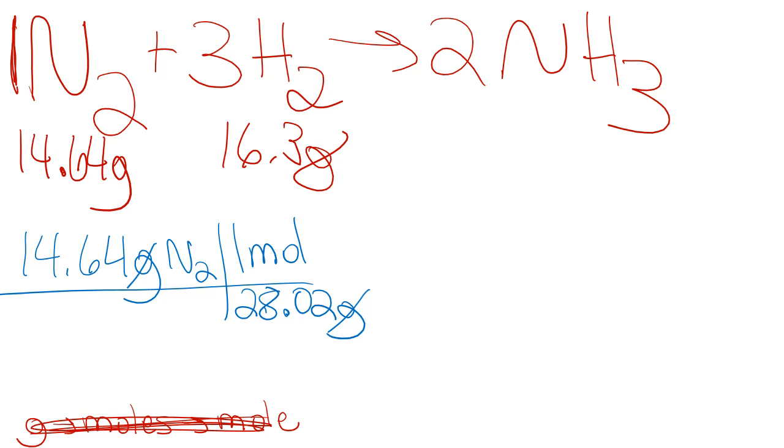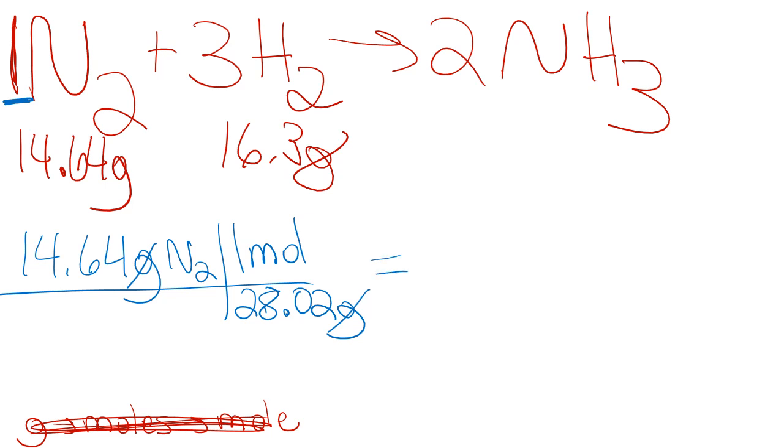So now we have moles, and essentially we could say that per reaction there is one nitrogen reacting. Or you can convert it to moles and divide it by the front number, which I think translates better.